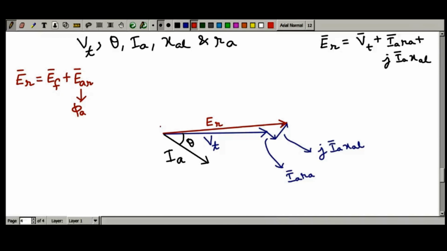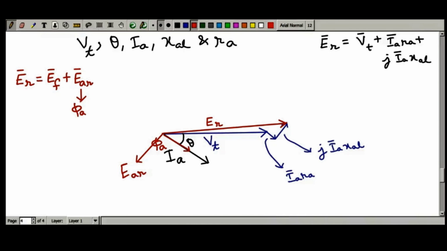Where is the armature flux? Armature flux is in phase with this armature current Ia. So this is my armature flux phi A. So Ear is going to lag the flux by 90 degrees. So we can indicate this like this. So this thing is your Ear.